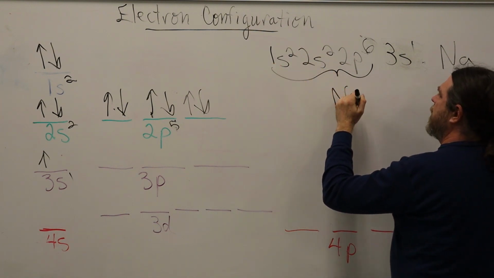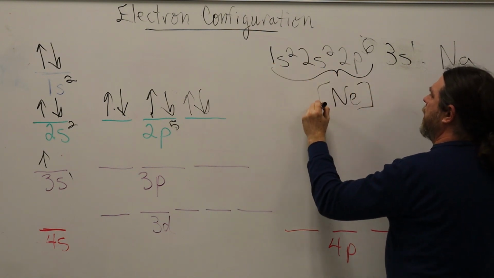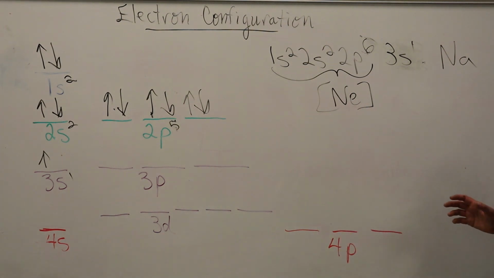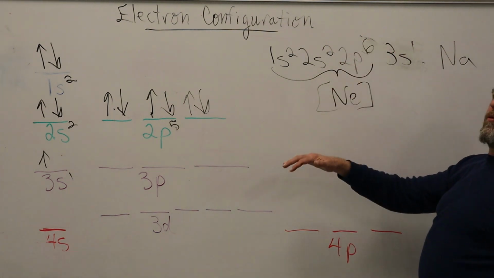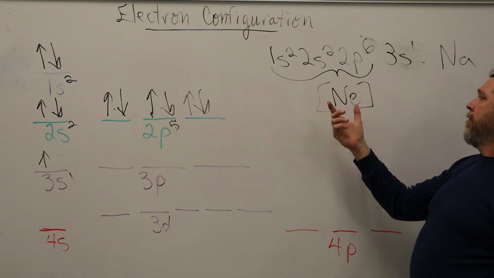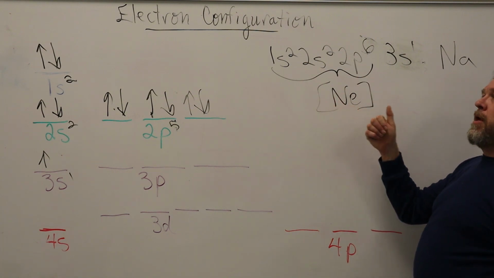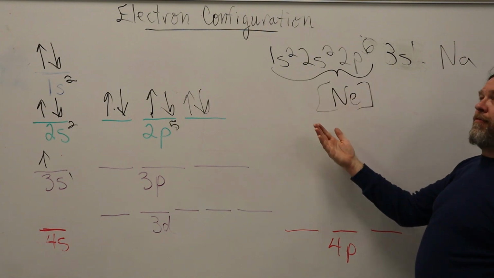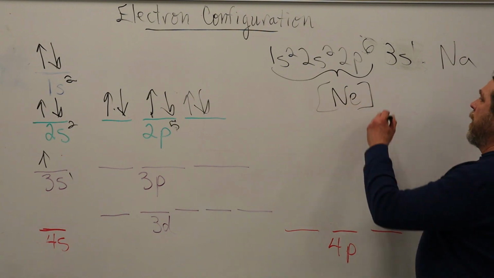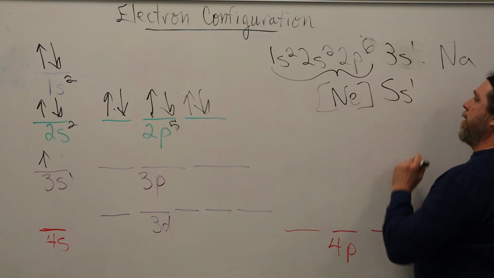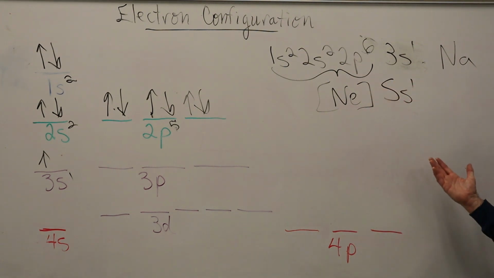Instead of writing a long electron configuration, they'll basically replace all the previous energy levels with the most recent noble gas. And so the noble gas right before sodium is neon, and so here's a nice little shorthand. We call that noble gas configuration.